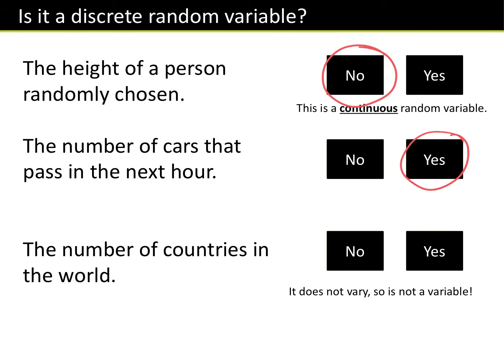Yes, because this is based on a trial and an experiment. The number of countries in the world is not a discrete random variable, because there is a set amount of countries in the world. They may change from time to time, when we lose a country, we gain a country, but essentially it is roughly the same. It doesn't vary.